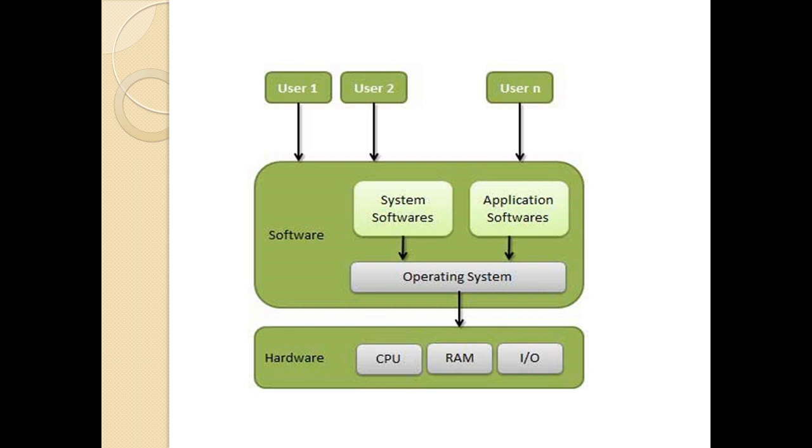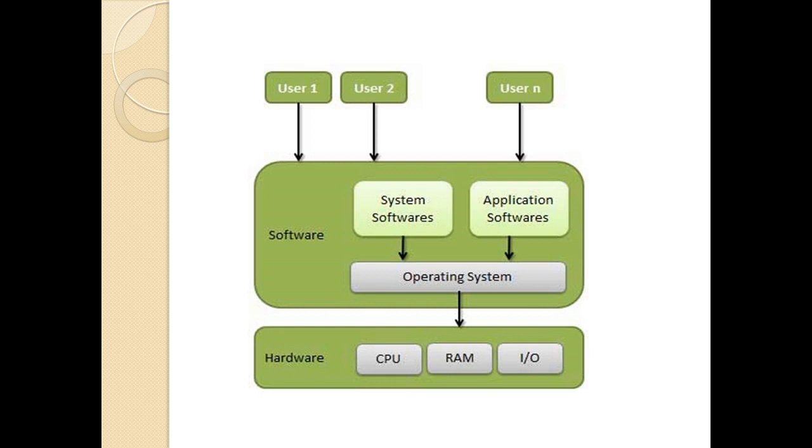Now, how do system software and application software interact with the operating system? In this diagram, there are mainly two parts. One is hardware and one is software. In the hardware part, it shows CPU, RAM and input-output devices. In software, it shows system software and application software, which are connected with the operating system.